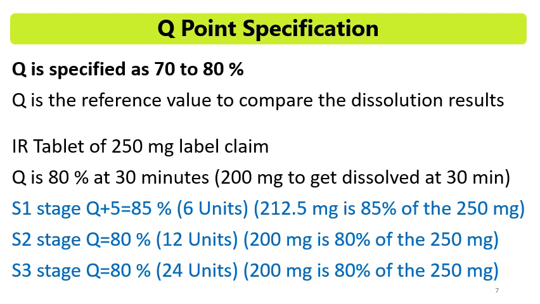If it is not 80%, then you will say that the dissolution is not meeting the criteria. If it is above 80%, like 85%, 90%, 95%, 100%, then you will say the dissolution is meeting the criteria.